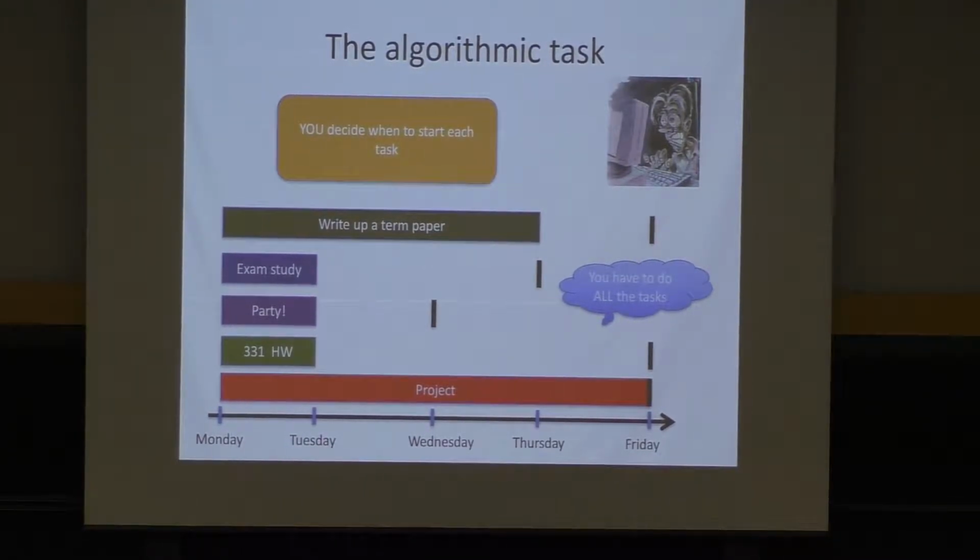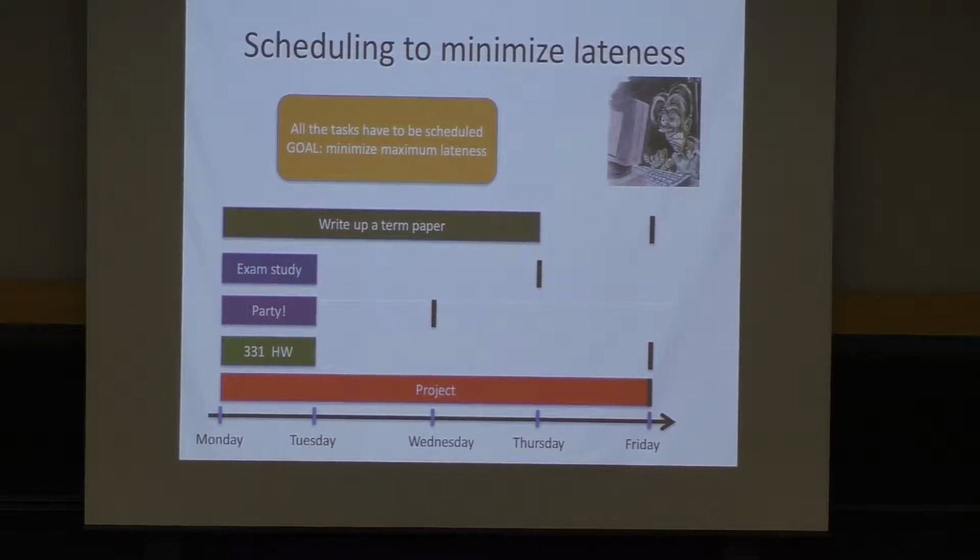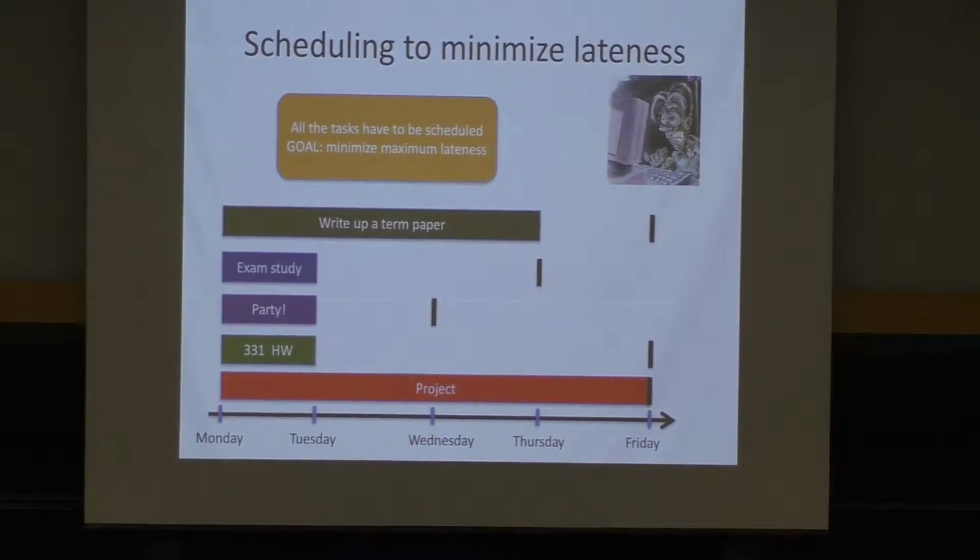Right? And so what we want to do is we now allow jobs to be finished late, and you somehow want to minimize the maximum lateness, right? So you want to schedule everything so that you minimize the amount of time by which you can blow up a deadline. Okay.